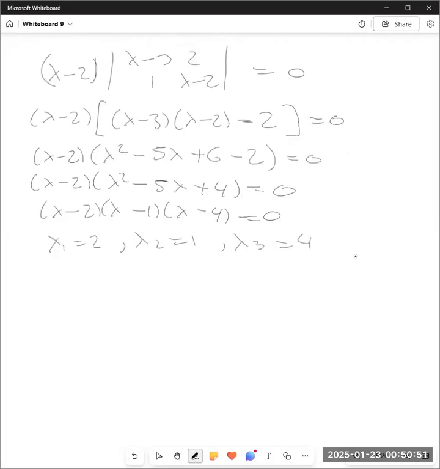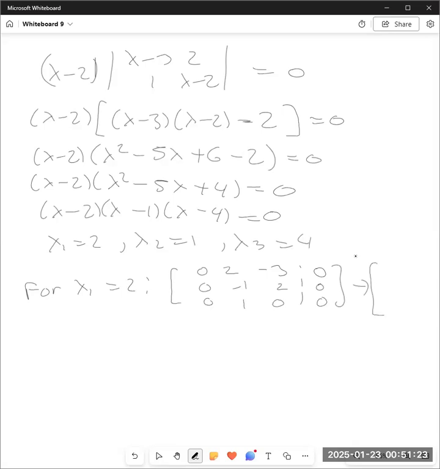So for lambda 1 is equal to 2, that's going to be 2 minus 2 is 0, 2, negative 3, and the 0 over here, 0, 2 minus 3 is negative 1, 2, 0, 1, 2 minus 2 is 0.